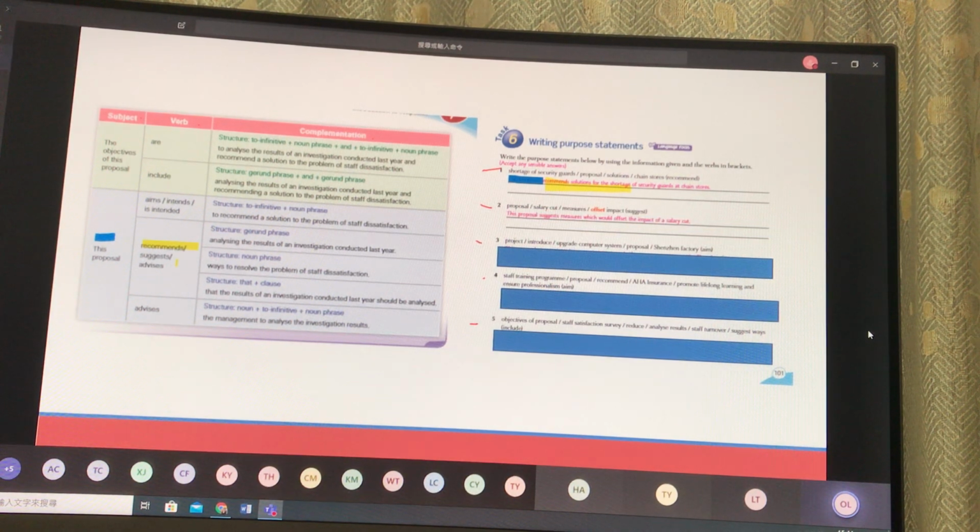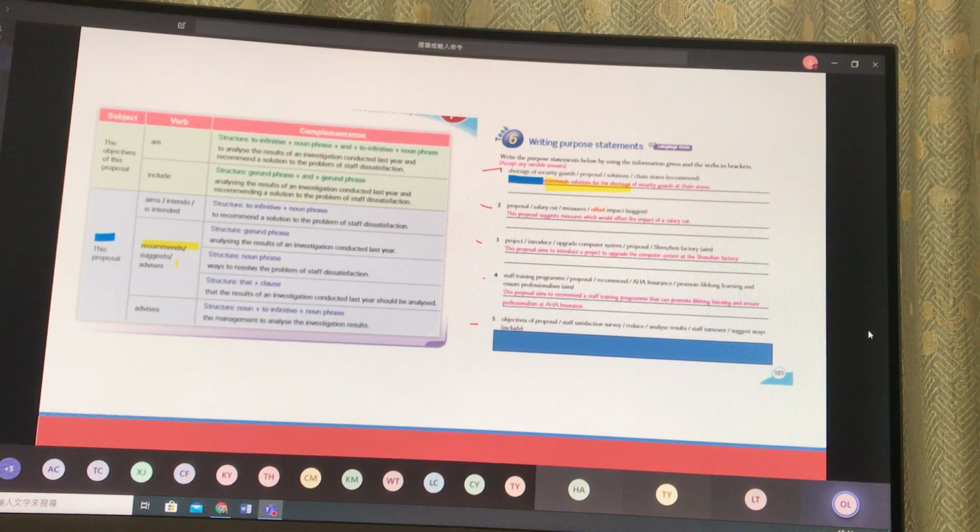This proposal suggests measures which would offset the impact of a salary cut. This proposal aims to introduce a project to upgrade the computer system at the Shenzhen factory. This proposal aims to recommend a staff training program that can promote lifelong learning and ensure professionalism at HAA Insurance.